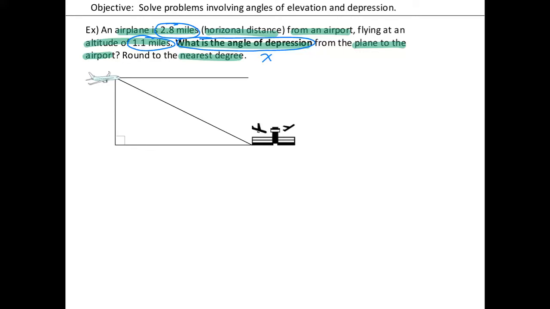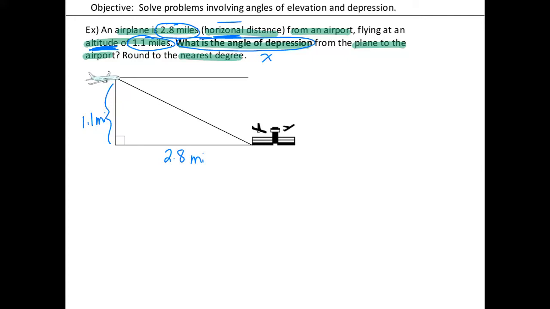Here there's a keyword. It says an airplane is 2.8 miles horizontal. Horizontal distance runs left to right. So that means the airplane is 2.8 miles horizontally from the airport. And then it's saying at an altitude, which is from here to here, is 1.1 miles.